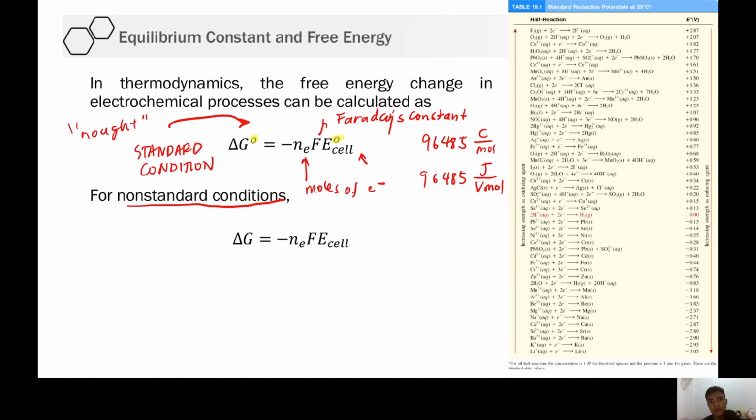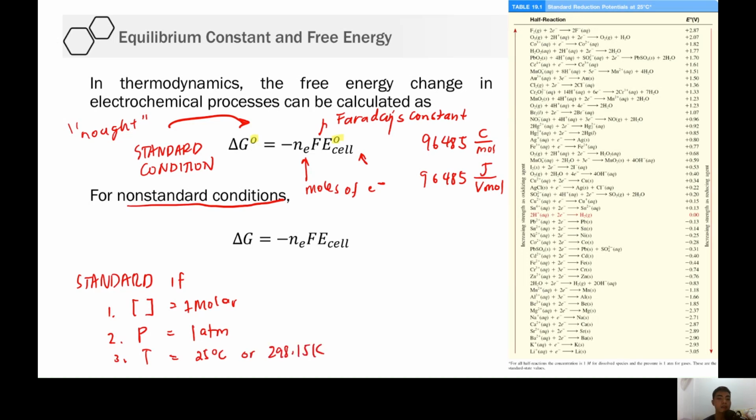When is a condition standard or not? We will know that a condition is standard if, one, the concentration is equal to 1 molar, two, the pressure is 1 atm, or three, the temperature is 25 degrees Celsius or 298.15 Kelvin.